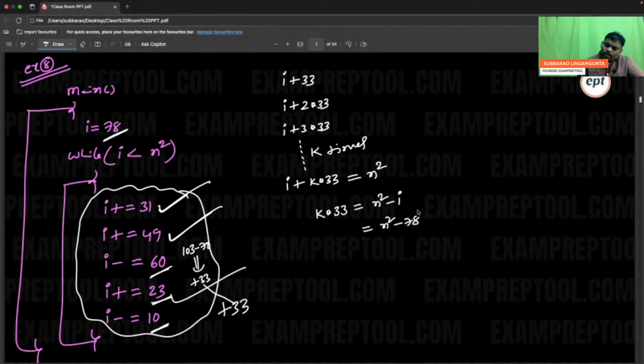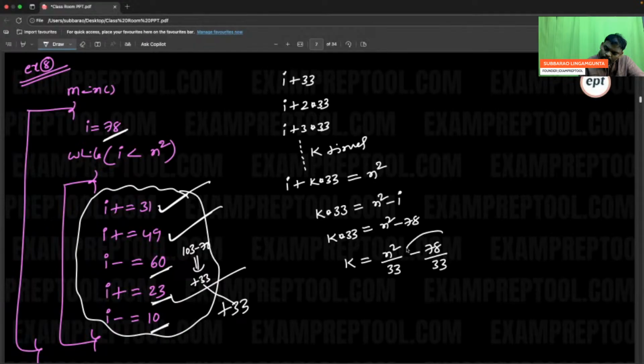Don't worry about the constant. So k into 33 is n square minus 78, so k becomes n square by 33 minus 78 by 33.